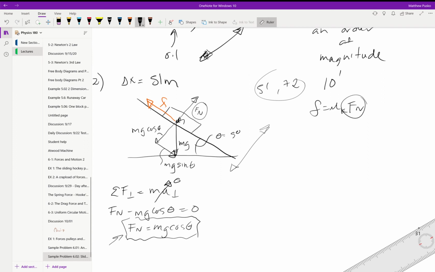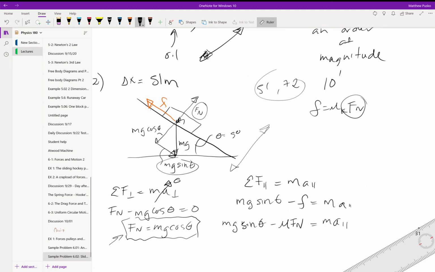Okay, now let's look at the forces in the parallel or down the plane direction. I have a positive mg sine theta right here, and a frictional force going backwards. And that's going to equal the mass times the acceleration down the plane. We can substitute that the frictional force is mu times the normal force.